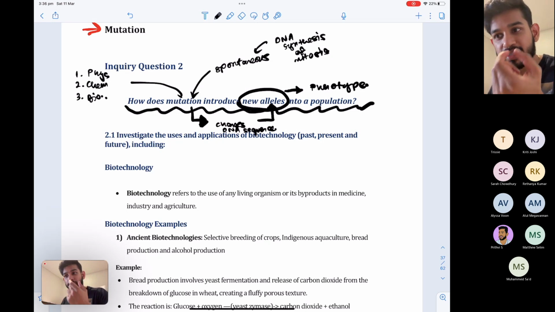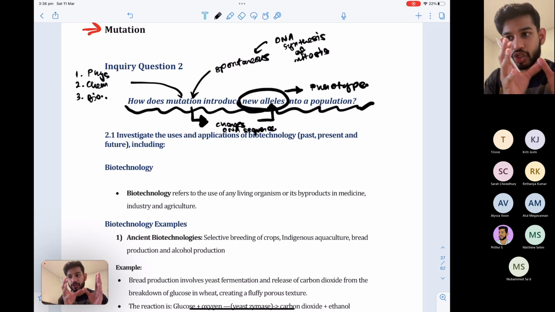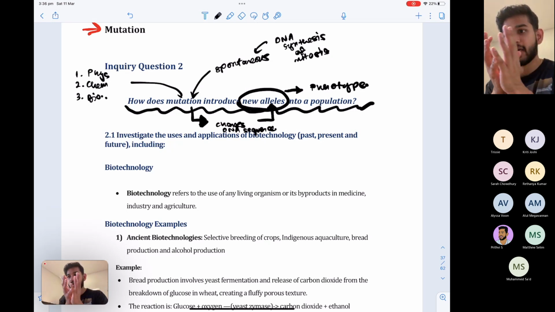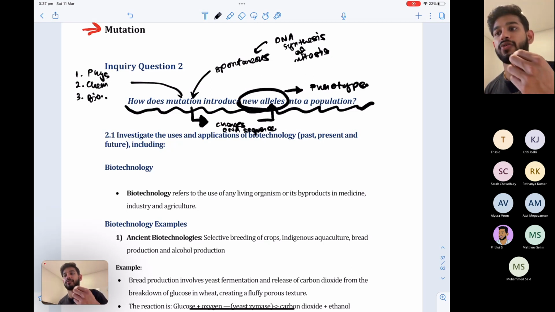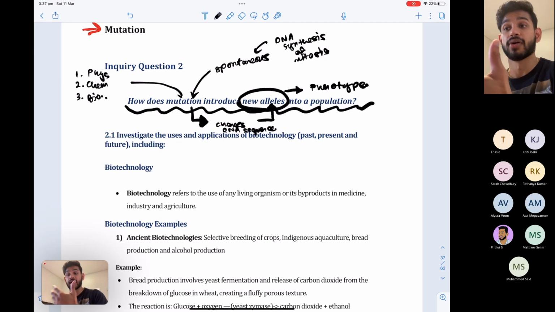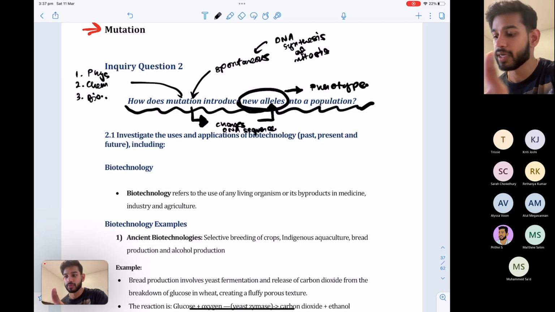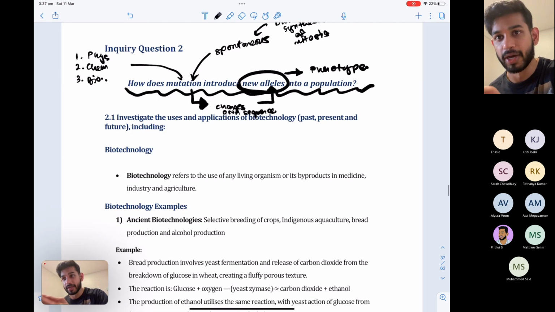And since we're using this fungus yeast and its enzyme called zymase, that's what's present in the yeast, to convert sugars in grapes into alcohol, that is a biotechnology. Stepping on grapes is a biotechnology, as weird as it sounds. That's because we're using a living organism and its byproduct for a use in industry, which is the alcohol industry. Right? So that's a good example of an ancient biotech.